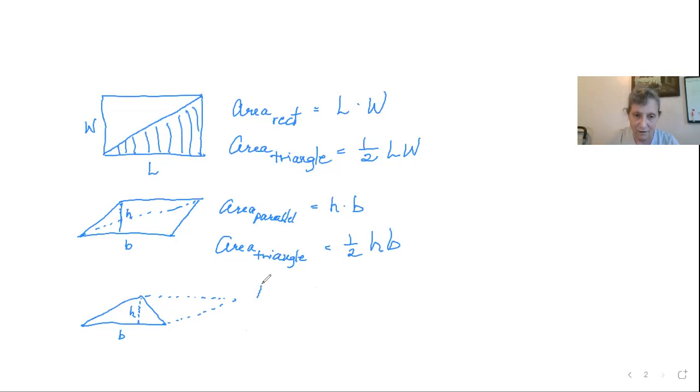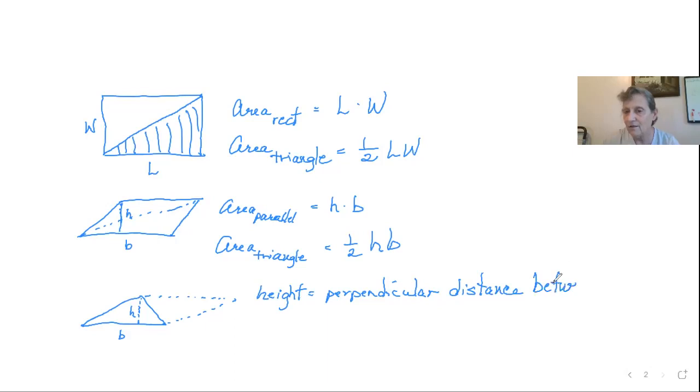In a triangle, the height is the perpendicular, in other words, 90-degree angle, distance between any side and the other vertex, the vertex that's not on that side.